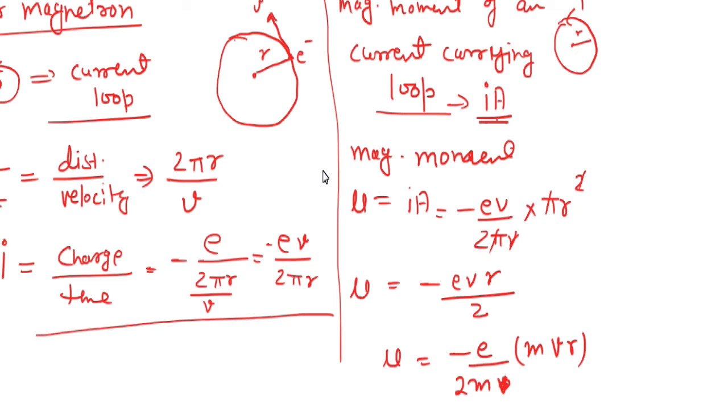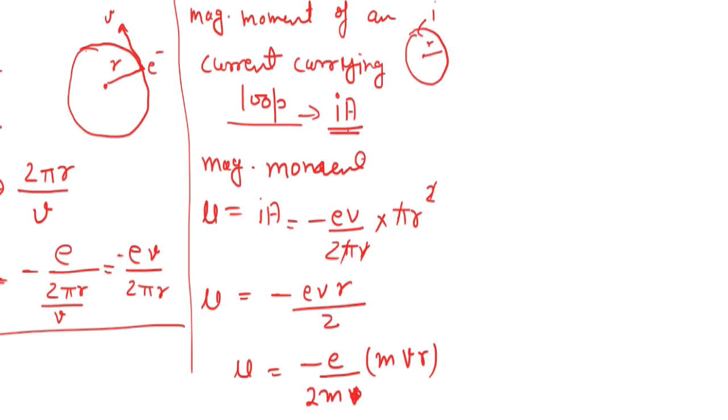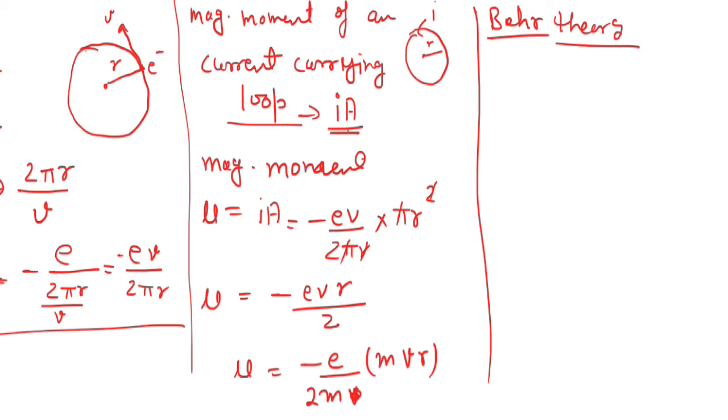As you know, from Bohr's theory, if you remind Bohr's theory, the orbital angular momentum for an electron is given by L equal to mvr, and in quantum mechanical theory with this Bohr theory, this mvr is equal to nh upon 2 pi.